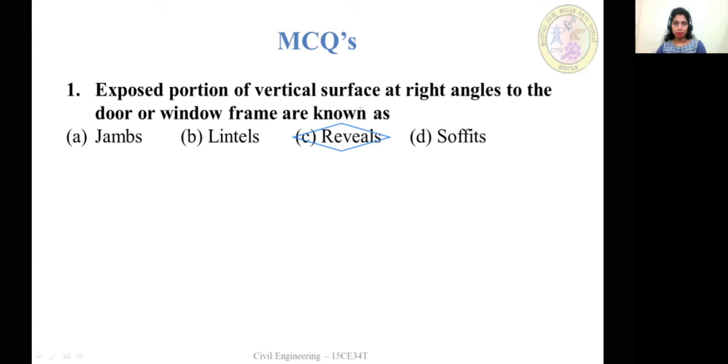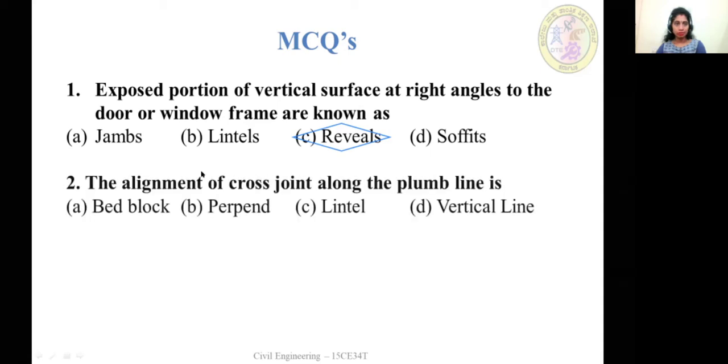Then we'll move on to the next question. The alignment of cross joint along the plumb line is: option A, bed block; option B, perpend; option C, lintel; and option D, vertical line. You can try to solve the question.